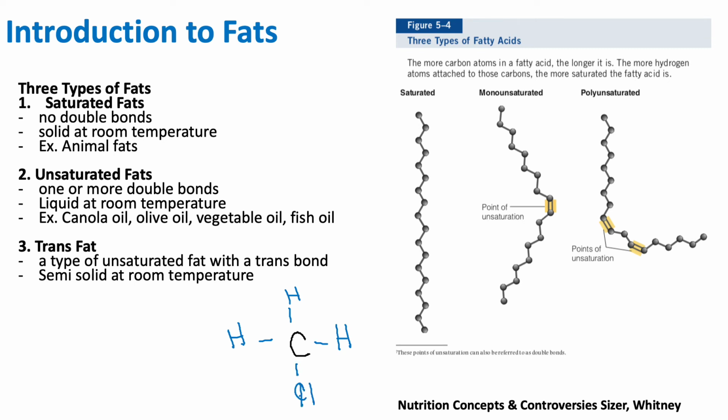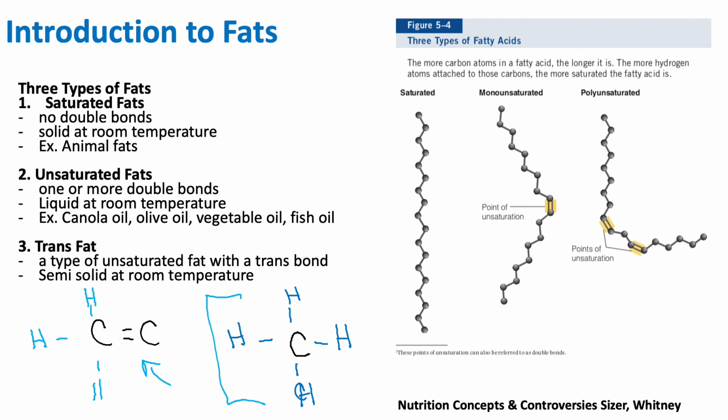But if our carbon has a double bond with the adjacent carbon, that carbon is only left with 3 hydrogens because carbon can only have 4 bonds. So this one over here is an example of an unsaturated carbon. This one is a saturated carbon because it has the maximum number of hydrogens.